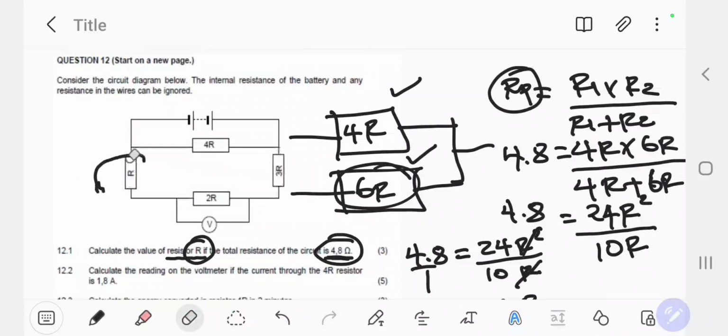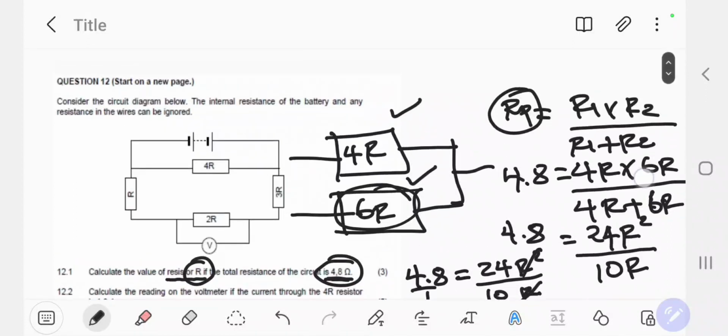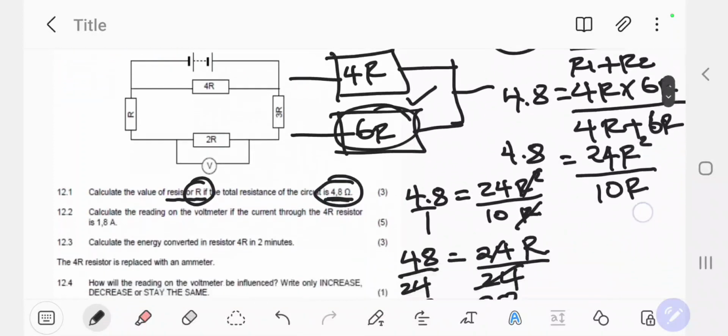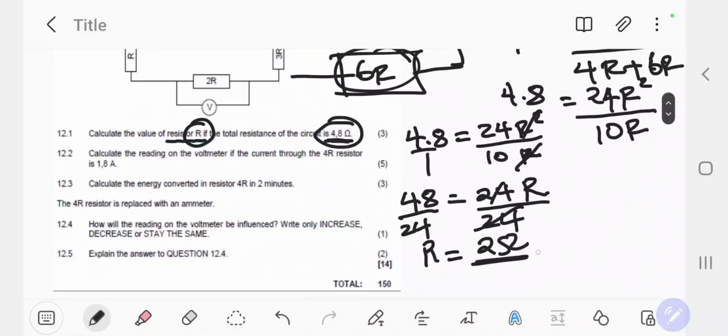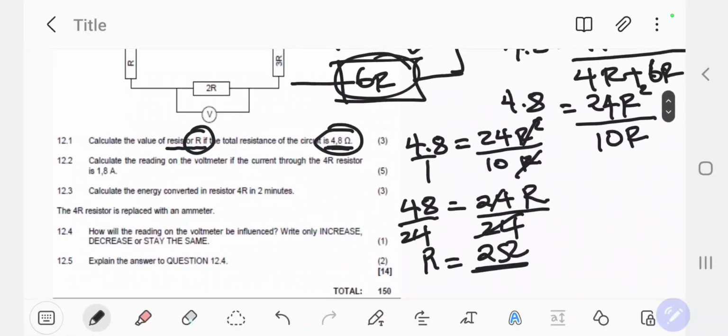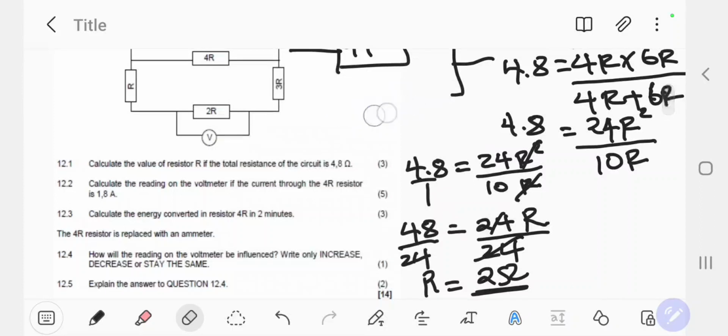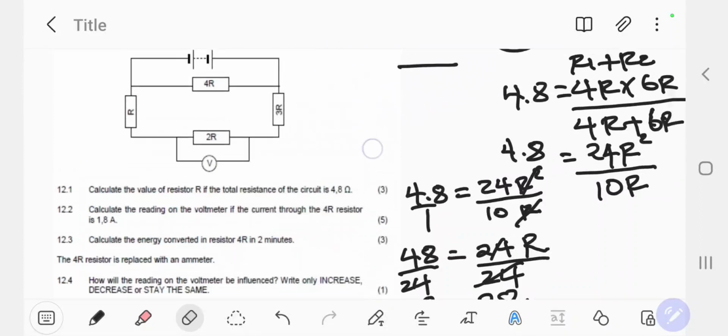After adding them, the resulting 6R is in parallel with the 4R. And then we took advantage of the parallel connection formula. We said RP equals R1 times R2 over R1 plus R2. And from there, we landed at R equals 2 ohms. I believe that is basically the simplest question one can have to answer.